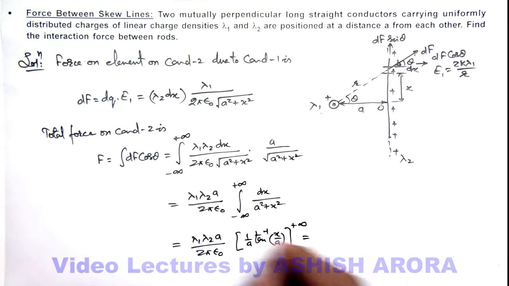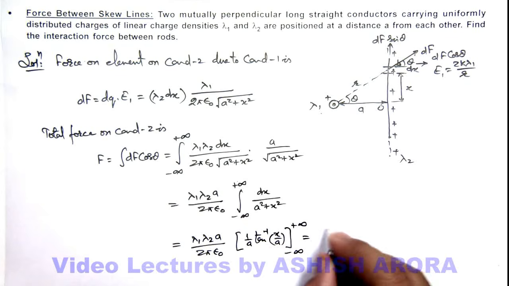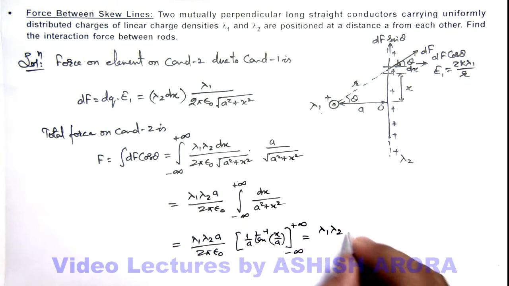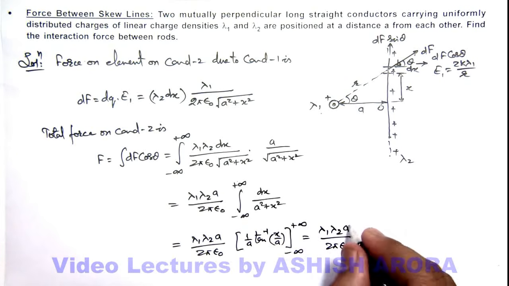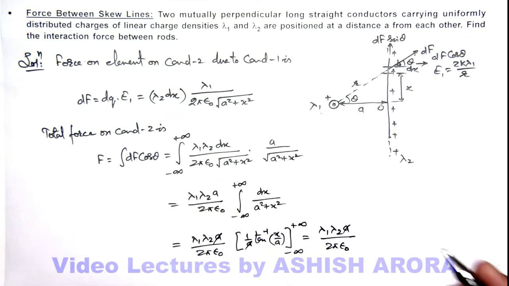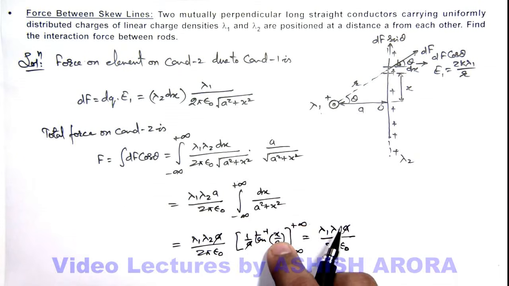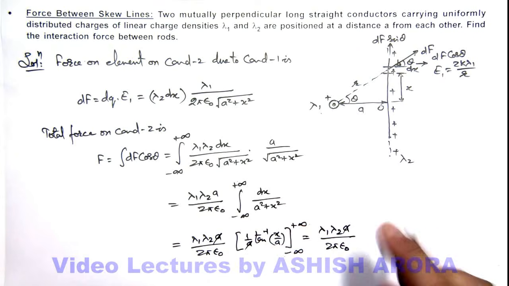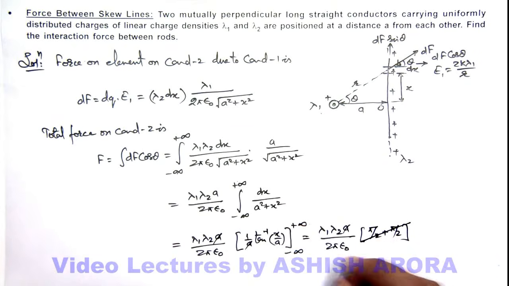On substituting limits, we get lambda1 lambda2 a by 2 pi epsilon naught. Here the two a's cancel out, and tan inverse infinity is pi by 2, tan inverse minus infinity is minus pi by 2. So this will become pi by 2 plus pi by 2. And this pi also gets cancelled out with this pi.